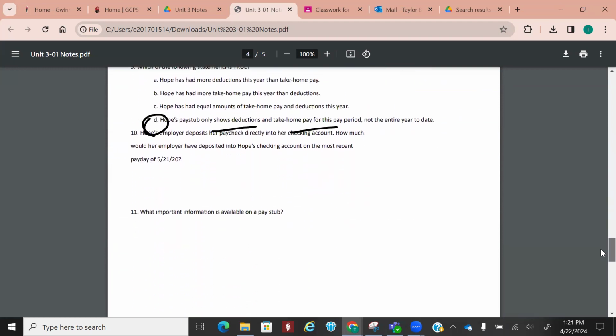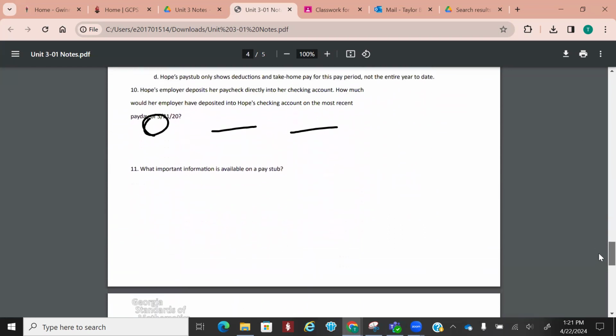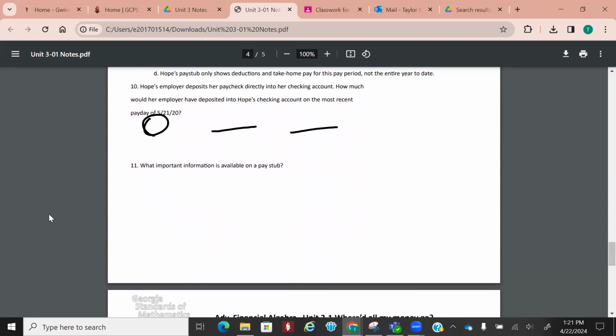Okay. Now, on number 10, it says, Hope's employer deposits her paycheck directly into her checking account. How much would her employer have deposited into her account's most recent payday of $521? That's going to be $284.79. Okay, because that's next week, so it would have been half.